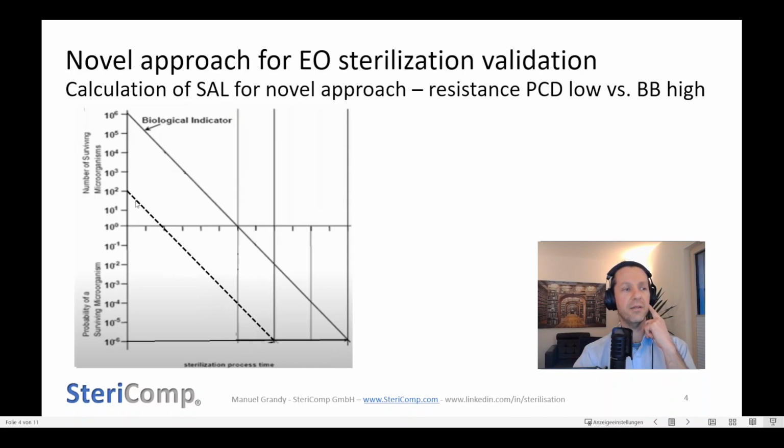And similarly, the bioburden has a similar D value. It has 100 highly resistant microorganisms at the most challenging or very challenging locations at the day of testing, at the day where you perform your sublethal cycle.